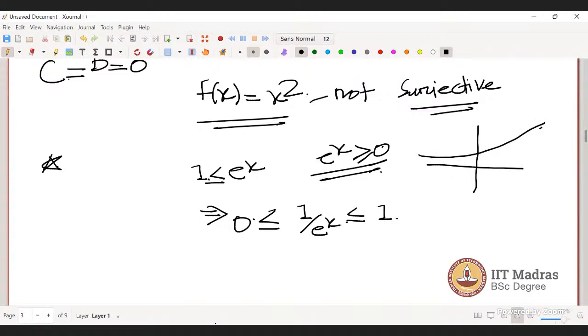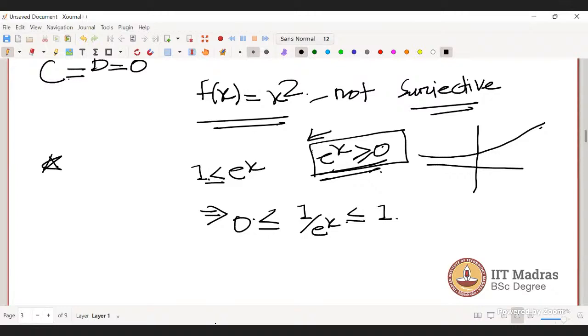So then 1 by e power x won't be equal to 0, no? But this one is correct, right? When I'm saying e power x is greater than or equal to 0, it can be greater than 0 also, right?